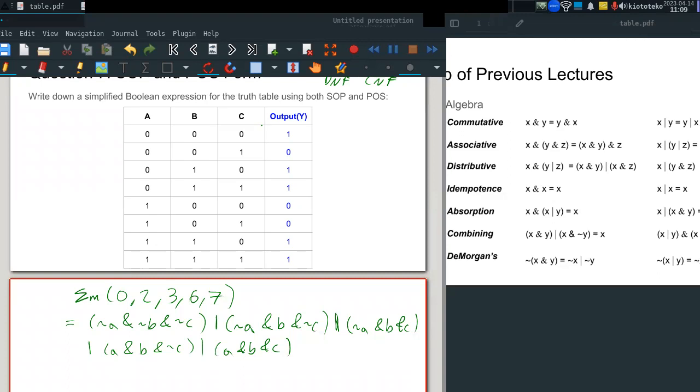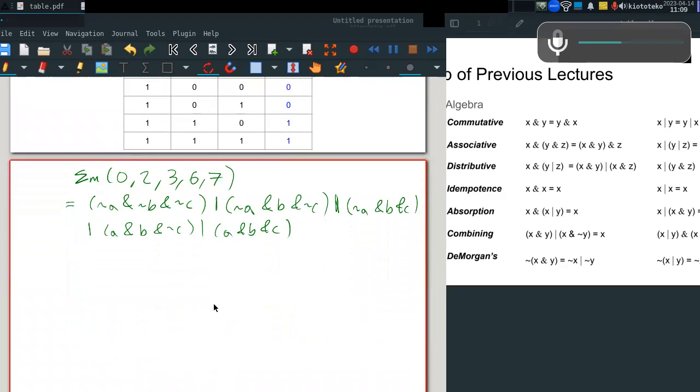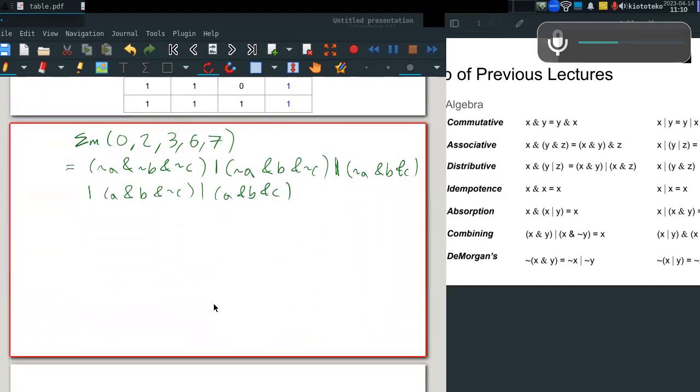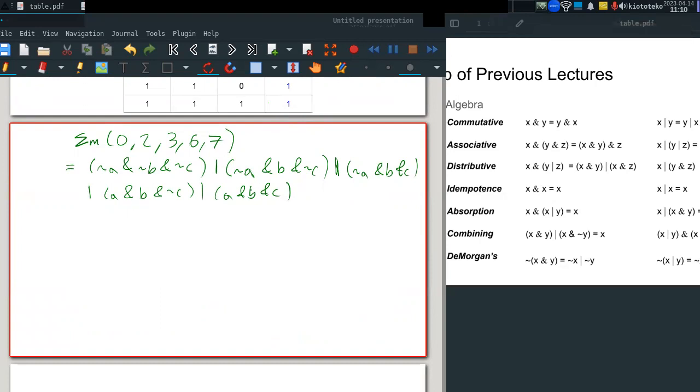But we can simplify it. This is the canonical form, but it is not the reduced form we can get. So how can we reduce this function even more? Any guess? Which properties should we apply?